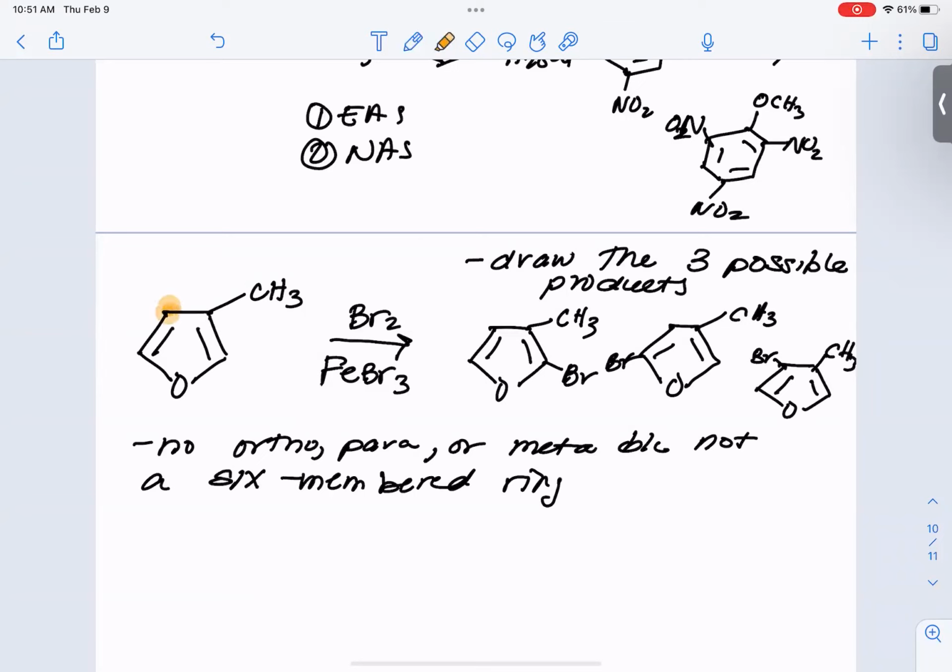Does everybody see that I have these three possible positions in orange that I can brominate? And so there are my three possible products. Now we're going to draw the resonance structures to figure out which one would be the major product and which one would be the minor.